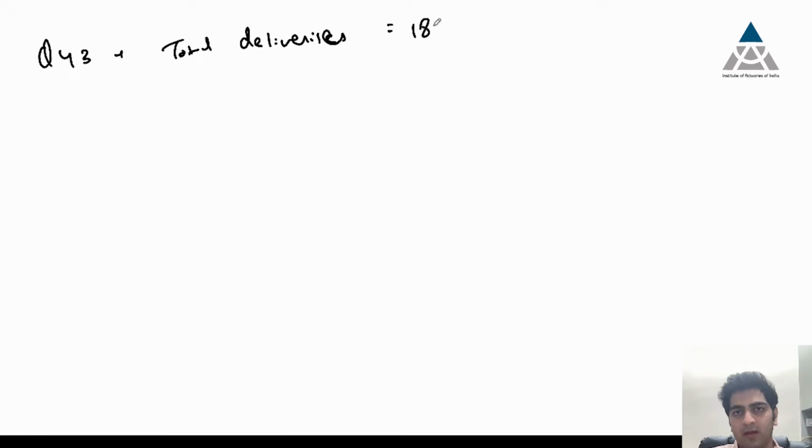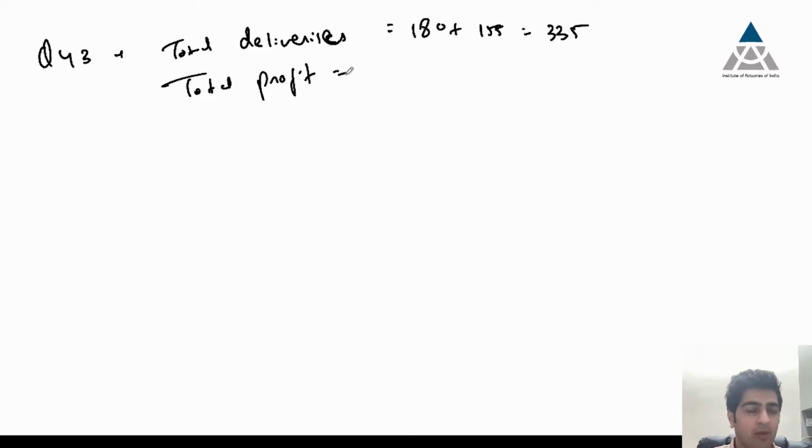So question 43, total deliveries were 180 plus 155, that is 335, and you made a profit of 15,000 per 1,000 packages that were delivered. So your total profit was, obviously because this is already in 1,000, so you will do 335 into 15,000, and you can just calculate this now using your calculators. 15,000 into 335, and you will get 5025000.